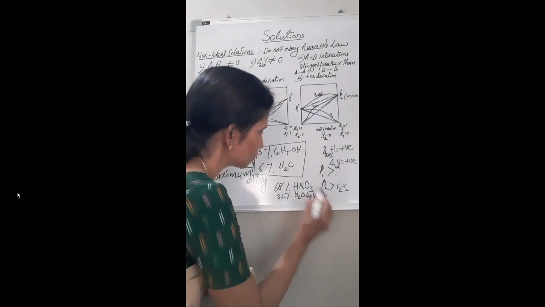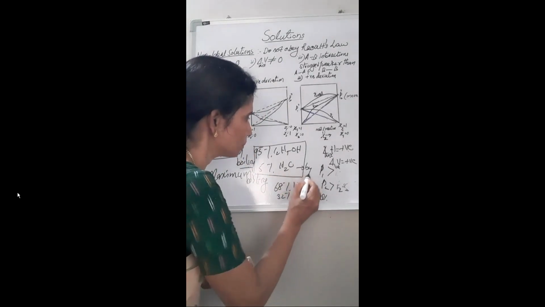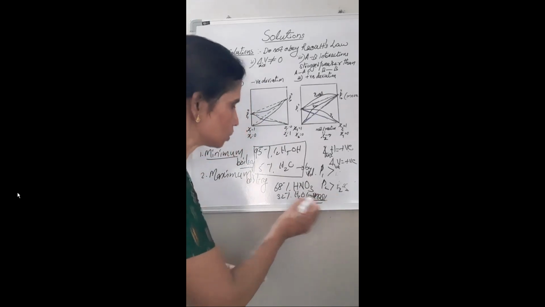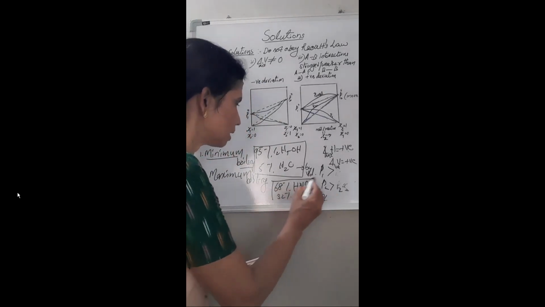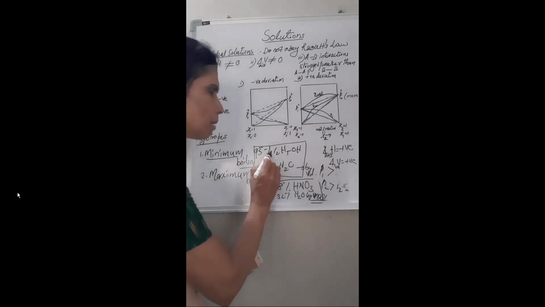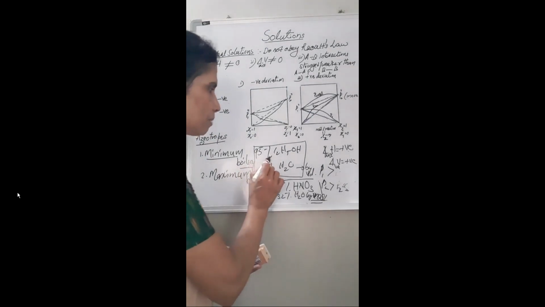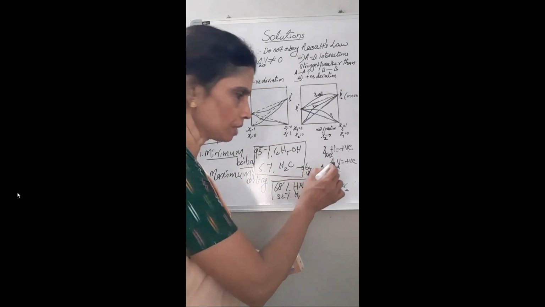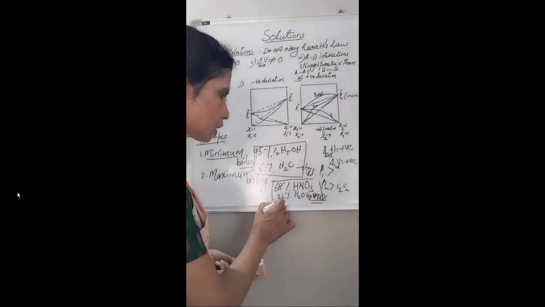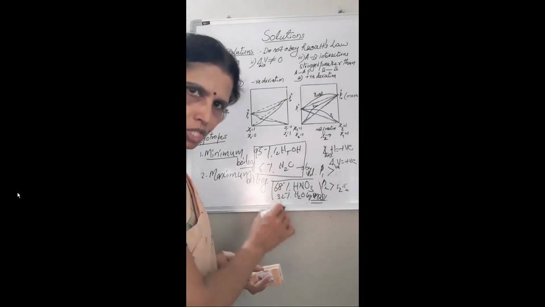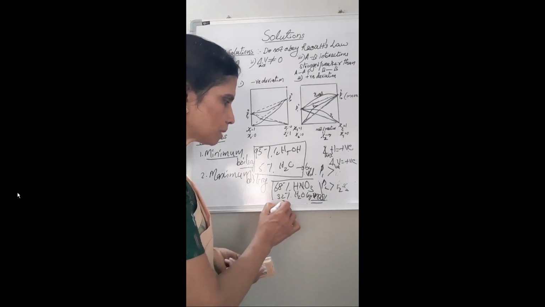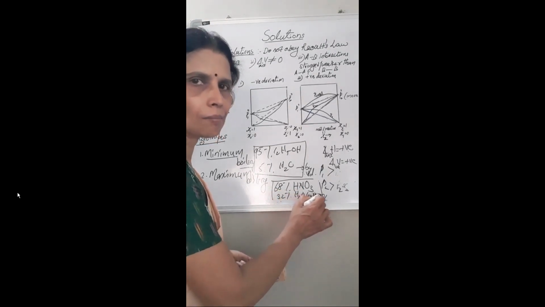So this is volume percentage and this is mass percentage. Example of a minimum boiling azeotrope: 95% ethanol and 5% water by volume. And maximum boiling azeotrope example: a solution having 68% HNO3 and 32% water by mass.